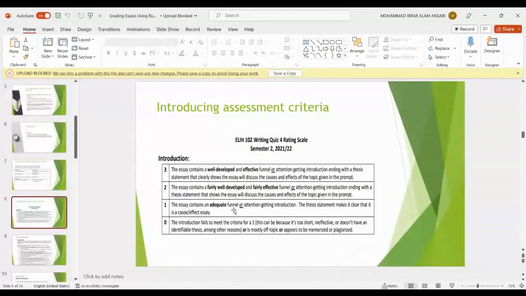If the essay contains an adequate funnel, an attention-getting introduction, and the thesis statement makes it clear that it is a cause and effect essay, then students get 1. So sometimes students come and argue with us. Okay, you say funnel, I have it, thesis statement, I have it, then why did you give me 1?